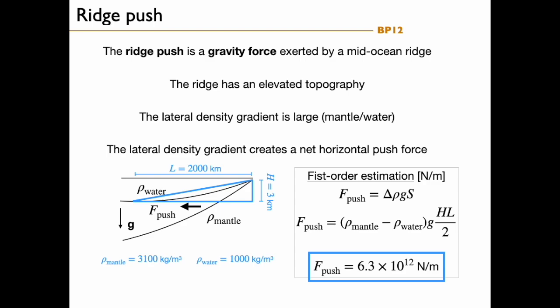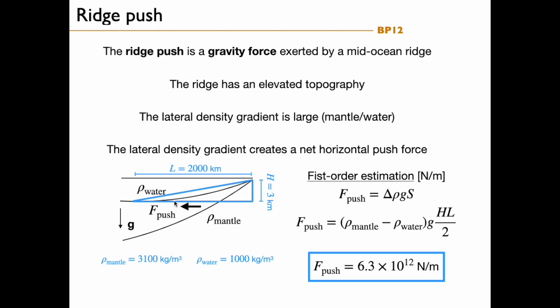We will now make a first order estimate of the ridge push force. Remember, it's a body force, a gravity force. So we will need to know the difference of density, the acceleration of gravity, and the surface of the object to compute the force in Newton per meter. The density contrast of interest is between mantle and water. g is known, and now we need the surface.